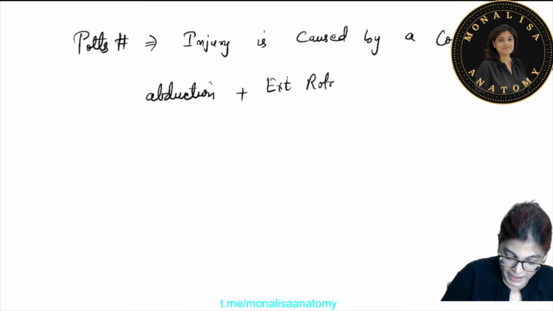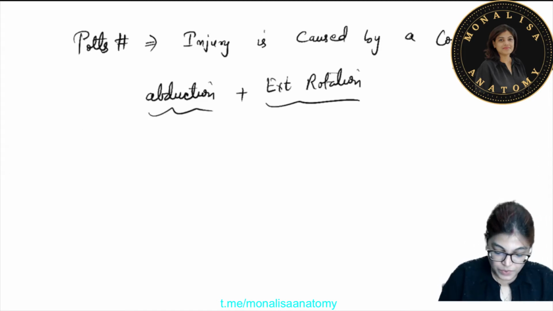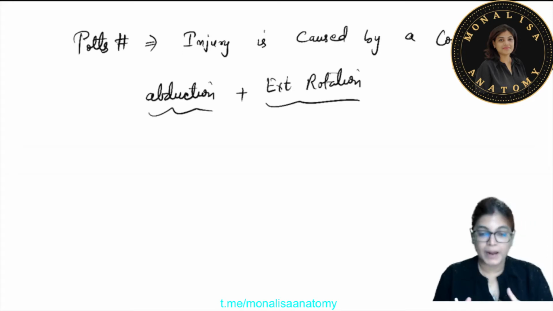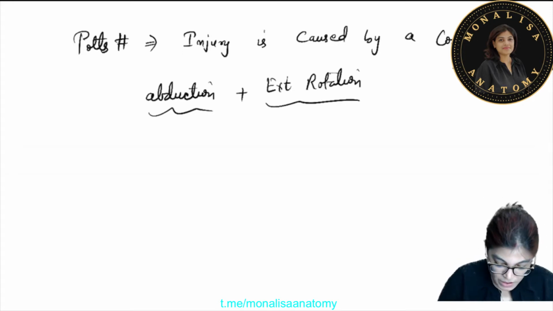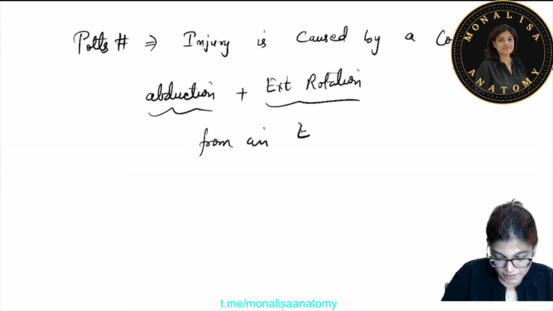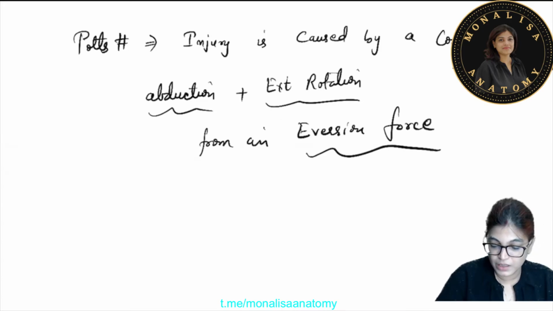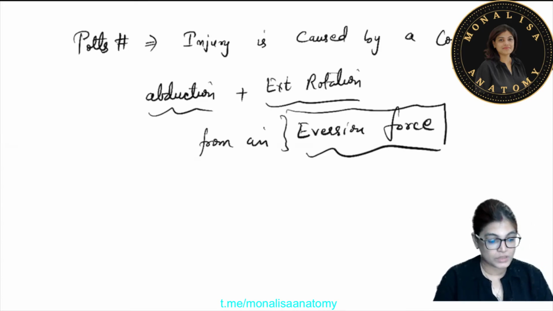So there is a combined abduction and external rotation which occurs from which type of force is applied, so which occurs from an eversion force. So I think eversion was the option given. So this would be the correct answer to the MCQ. The force applied is eversion force.